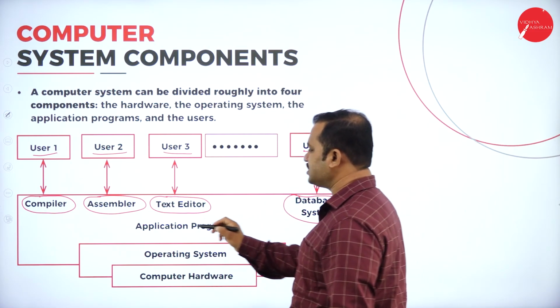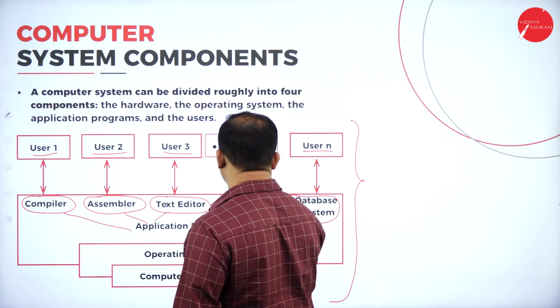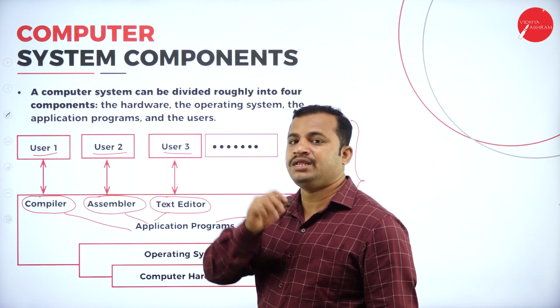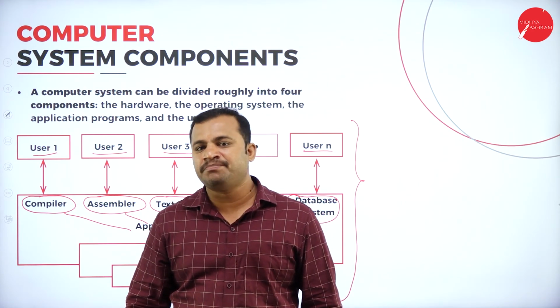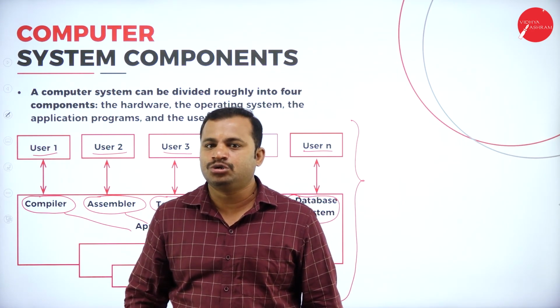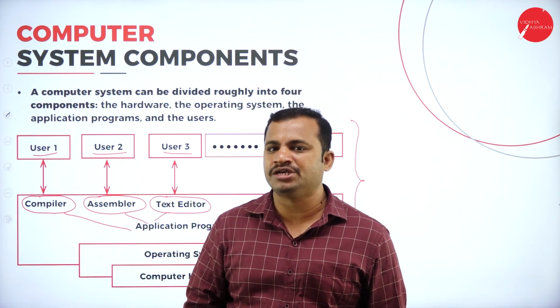All these are called application software. What is the meaning of application software? Any software that is built as an application to serve the purpose of a user, then we say that it is an application software.